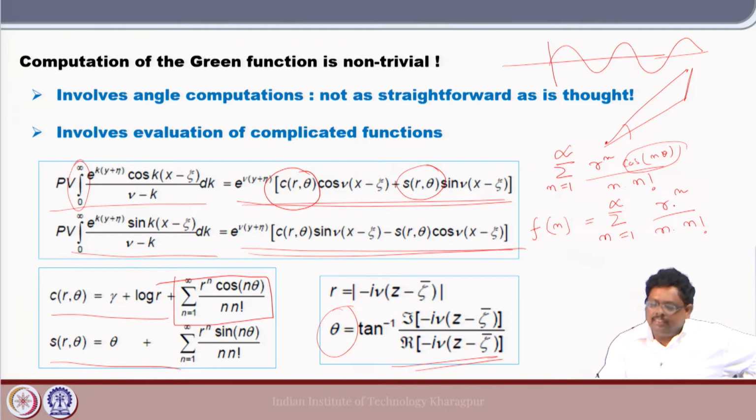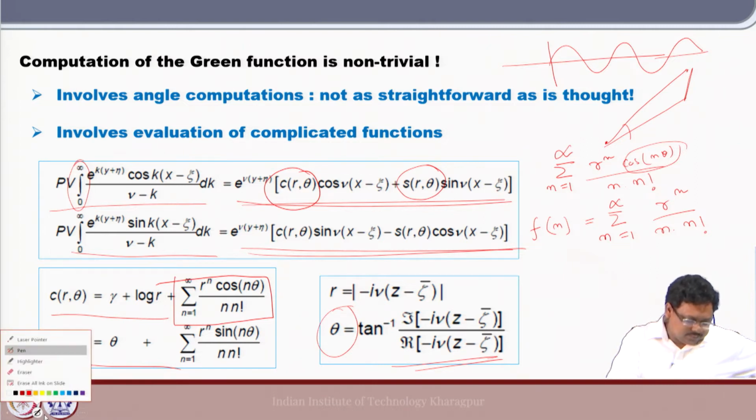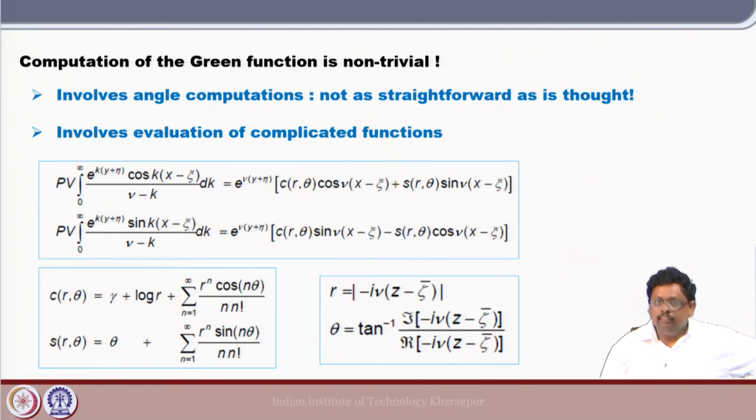Now, think of this expression as n goes to infinity. Let us try to plot this graph. First let me erase this, and now let us plot f n, which is r to the power n divided by n into factorial n.